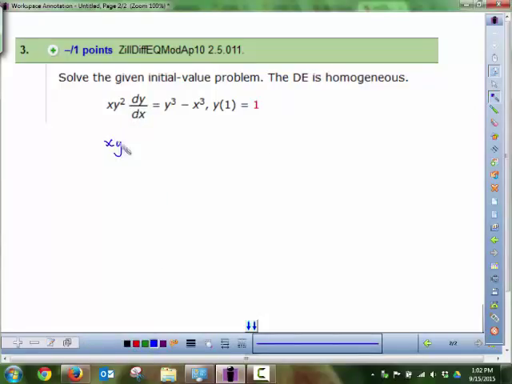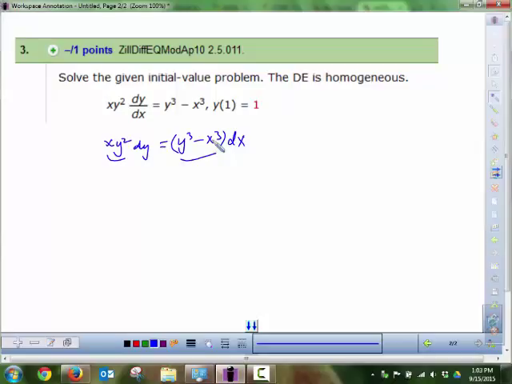So it's x y squared dy is equal to y cubed minus x cubed dx. And I can move everything to one side, or I can just stop here and say, okay, I need to figure out the powers.